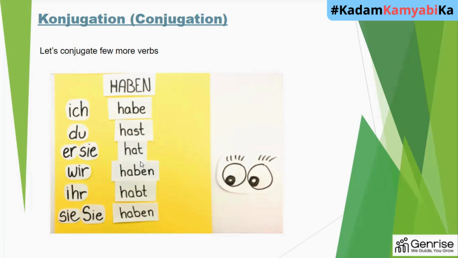It is not hat, please. It is hat, the verb hat. Wir haben, that means we have. And ihr habt, that means you all have. I will be capital in this. Please note this, write in your notebook.